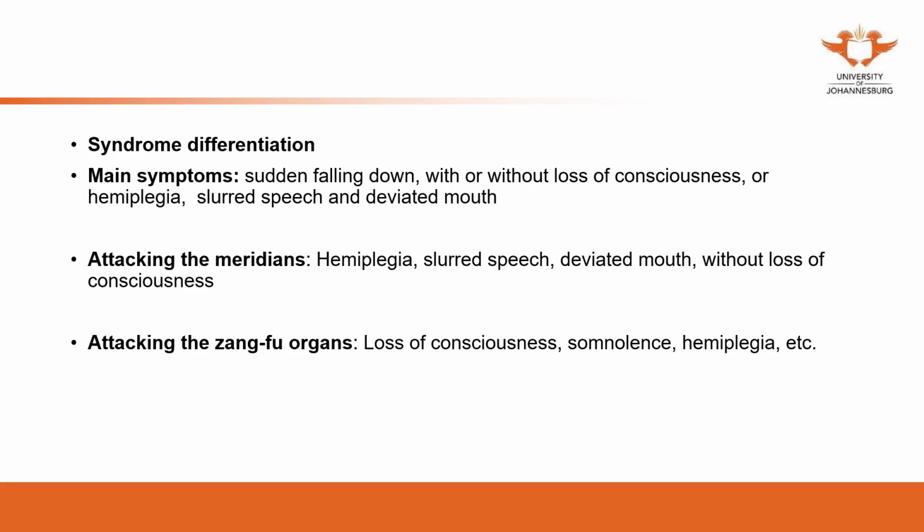Attacking the meridians presents as hemiplegia, slurred speech, and deviating mouth without loss of consciousness. So this patient is still conscious, but presents with symptoms in the physical body. Attacking the zangfu organs, the patient will lose consciousness, as if sleeping, with hemiplegia.